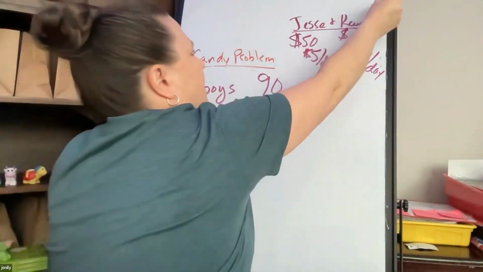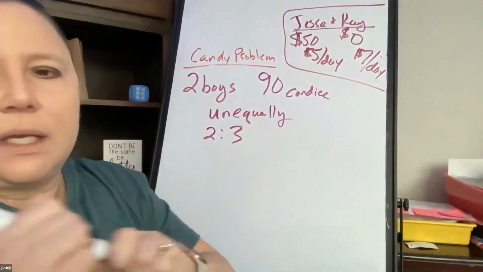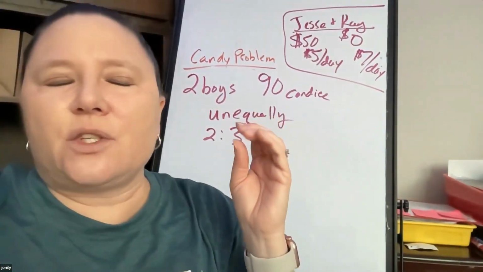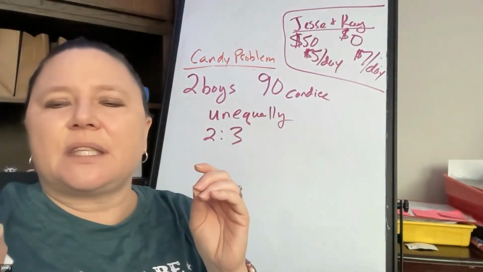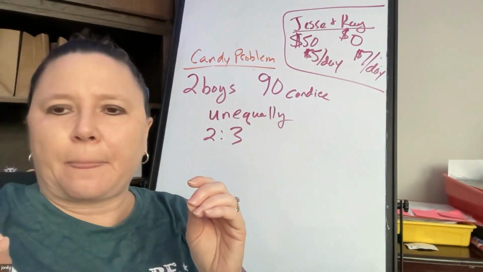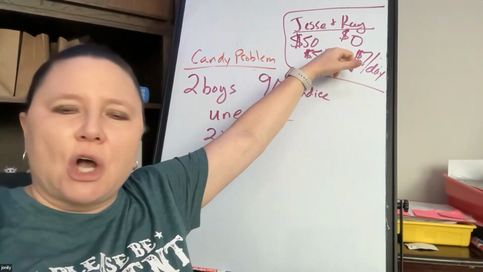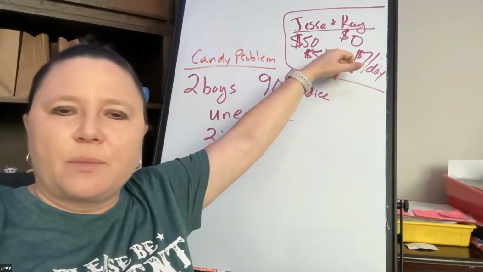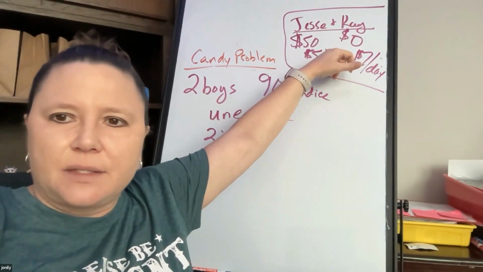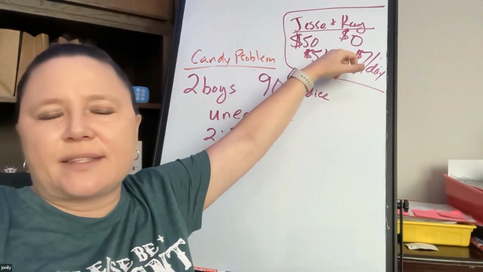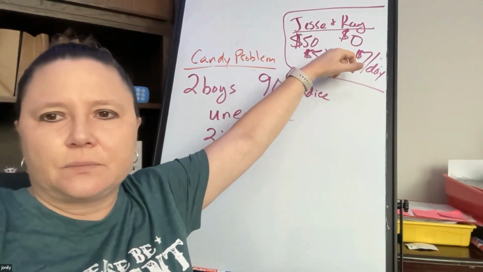The reason I bring that up is these are so simple, it seems that they wouldn't be very powerful. But I have my third graders solving multi-step equations with variables on both sides just by having the Jesse and Kay foundation.